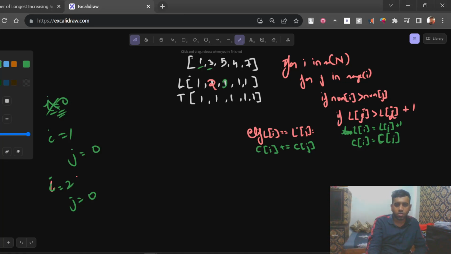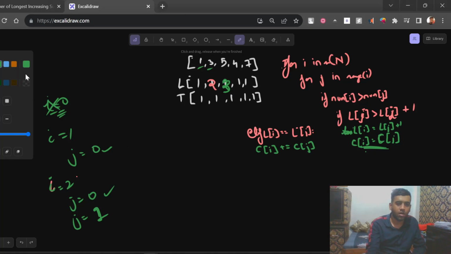Now again, this is done for j equals 1. So this will become 3 now, and since this is being executed, the C of i will remain the same. Okay, we're done until now.